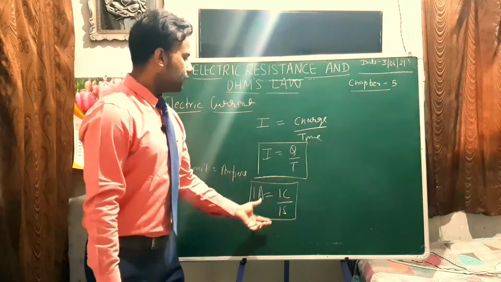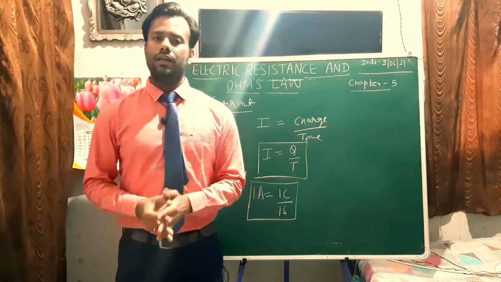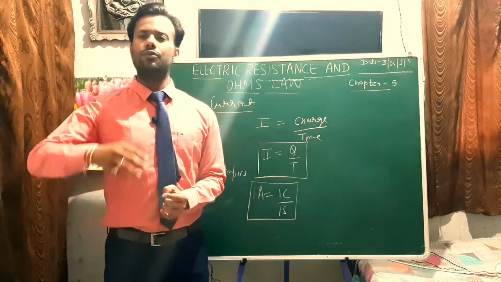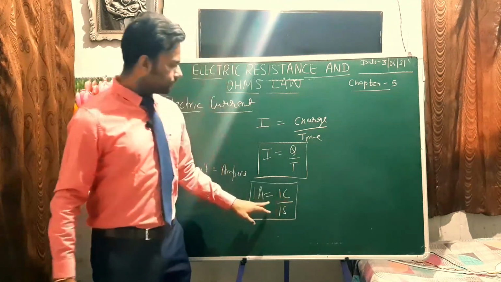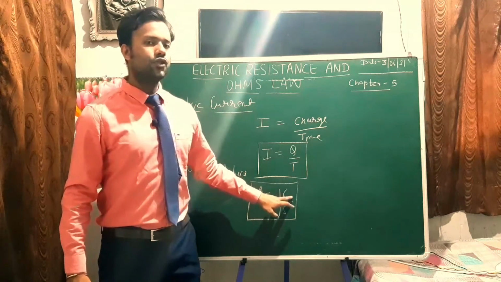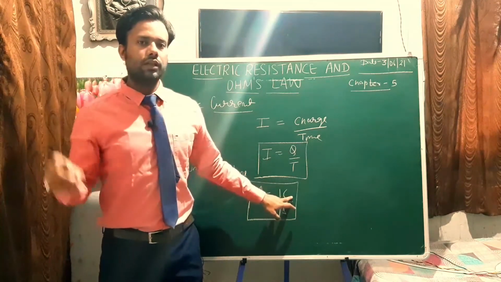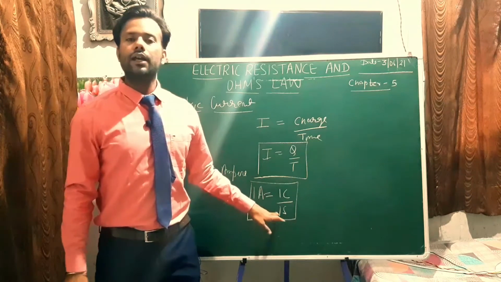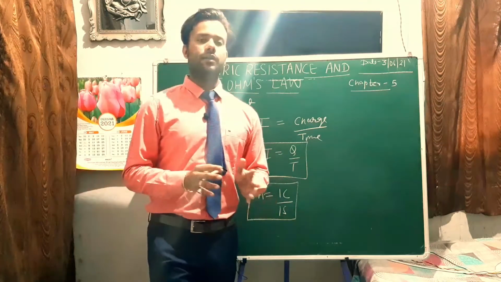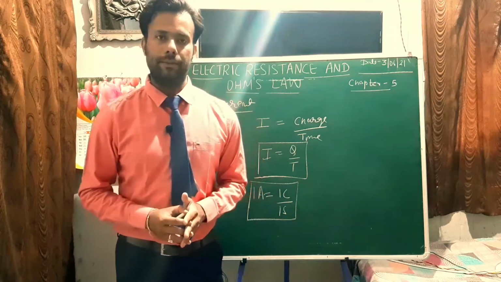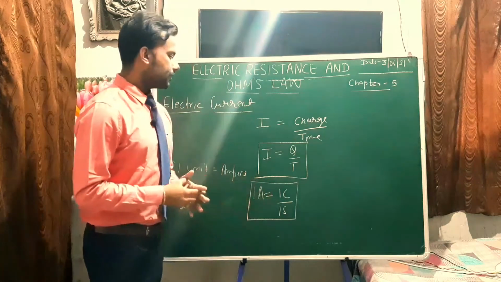So from this relation you can find the definition of 1 ampere. You don't have to memorize it. When 1 coulomb of charge flows in a circuit in 1 second, then the current constituted by this charge will be 1 ampere. Okay, so that is 1 ampere.